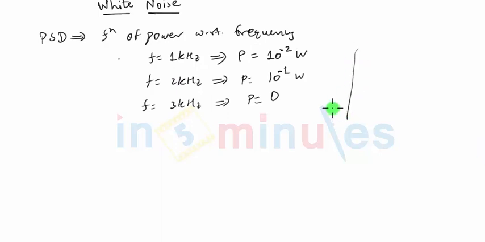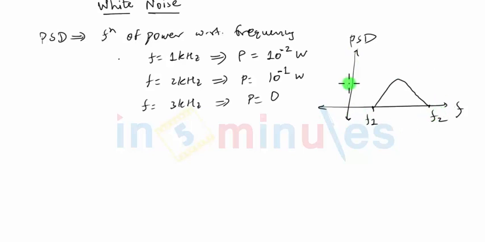For example, if I plot power spectral density versus frequency for a certain signal, and let's say the plot comes out to be something like that, this means the signal contains frequencies from f1 to f2. All the frequencies outside this range are absent because the corresponding power is 0, and hence the bandwidth of the signal can be defined to be f2 minus f1.